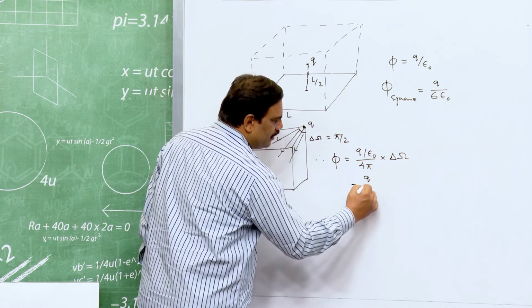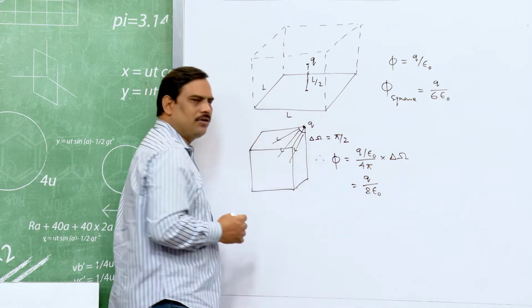So, you will get q divided by 8 epsilon naught.